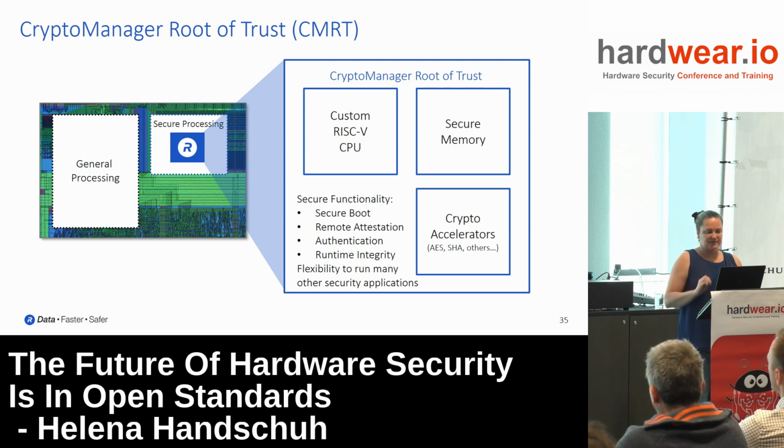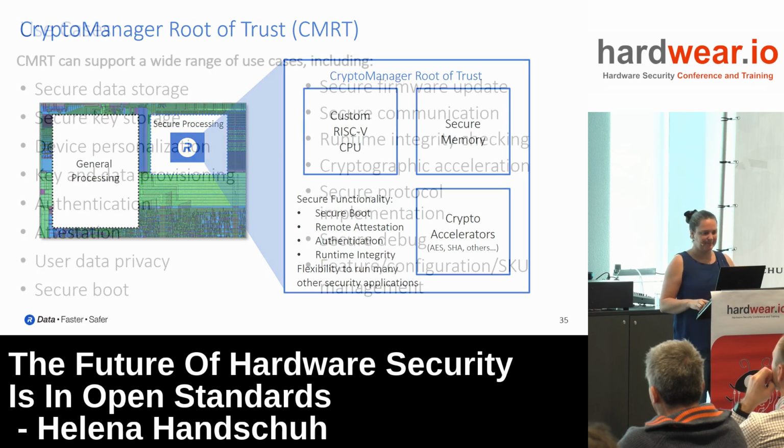The secure functionality you want to get out of it is secure boot, remote attestation, such as for TPMs, for example, authentication, runtime integrity, and you can run many different security applications inside this smaller boundary and keep all the rest of your stuff that you're doing for high performance that doesn't require security on the general processing side of the world.